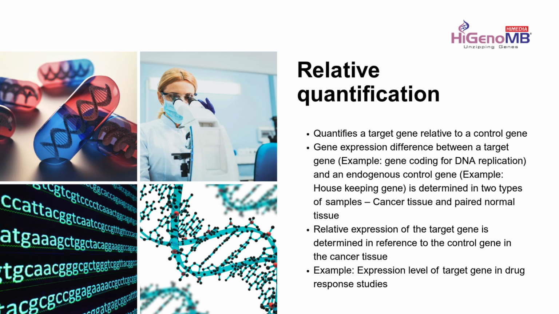So in relation to this housekeeping gene, you study the gene expression of your interest and compare the differences in the two different tissues that you are interested in. So this is widely used in the expression level of target gene in drug response studies.